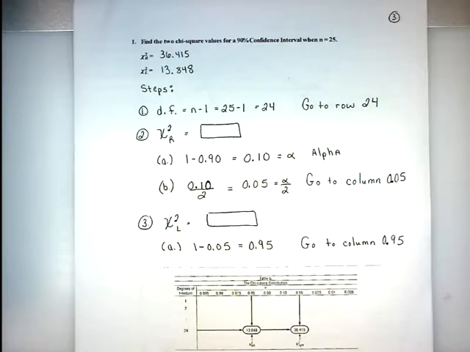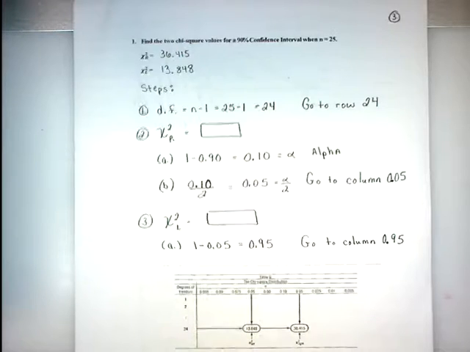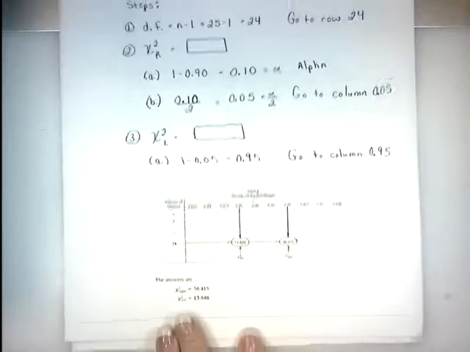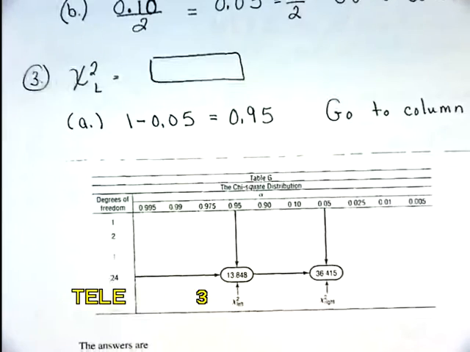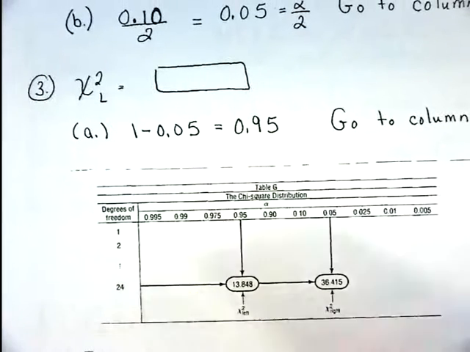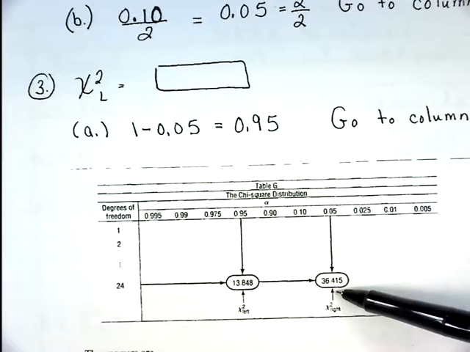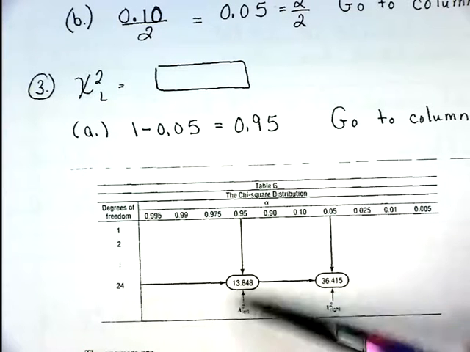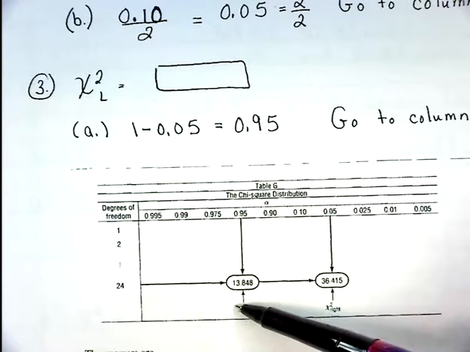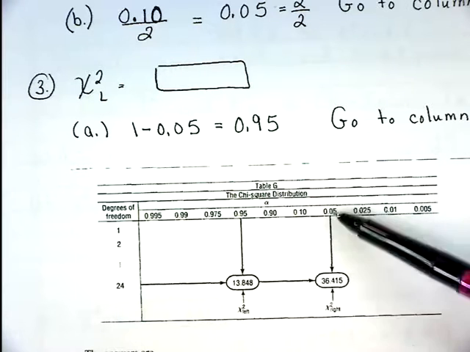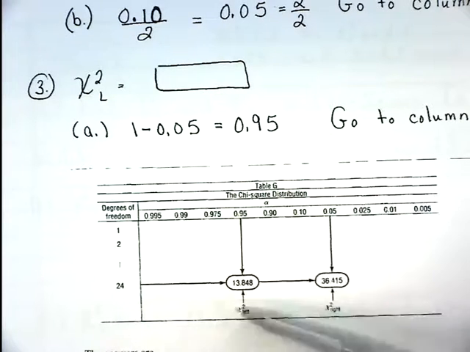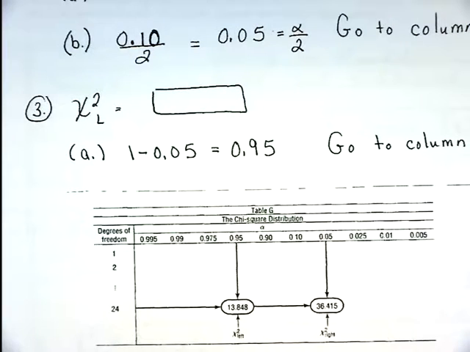These are the steps without the picture, and I also have a little insert from the table here. Row 24, column 0.05. This was alpha over 2, and this is 1 minus alpha over 2. That's the procedure. Alpha over 2, 1 minus alpha over 2. And alpha is 1 minus your degree of confidence.